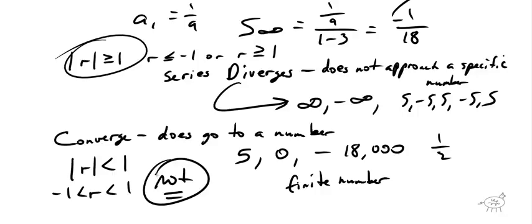It's going to stay at 3, 3, 3, 3, 3, 3, 3, all right? So that's why you can't use the infinite geometric series formula, because it's not going to go to a certain number. It's just going to get bigger and bigger and bigger when I keep adding those terms. It's going to diverge. Okay, so converge and diverge, very, very important.